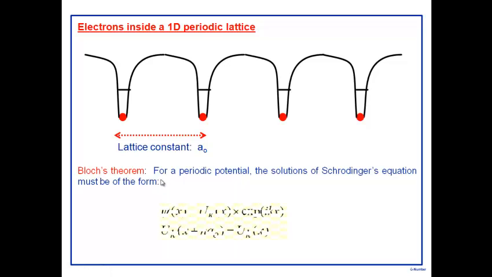What he says is the following: when an electron is moving in a periodic potential energy like the one you see here, the wave function of an electron, this can be derived and shown to be true, has a part e^(ikx), which is that of a propagating wave, and along with that there's another part, u_k(x). And this part is periodic: u_k(x) = u_k(x + n a_0), where a_0 is the lattice constant.